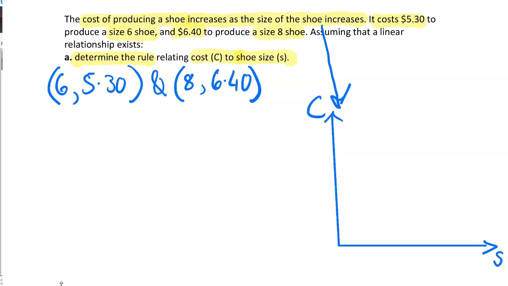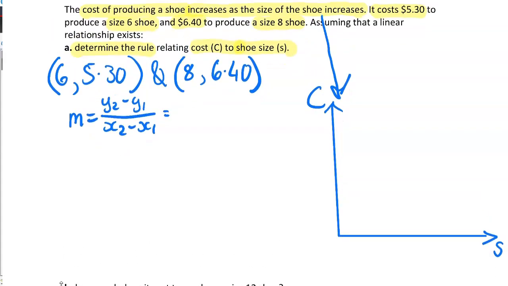Okay, now that hasn't gone up one shoe size, so I'll find the gradient. Our gradient is y2 minus y1 over x2 minus x1. So that is $6.40, take $5.30, over 8, take 6. Notice that I've taken out the dollar signs.